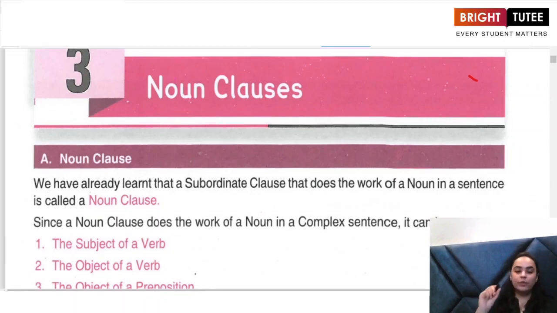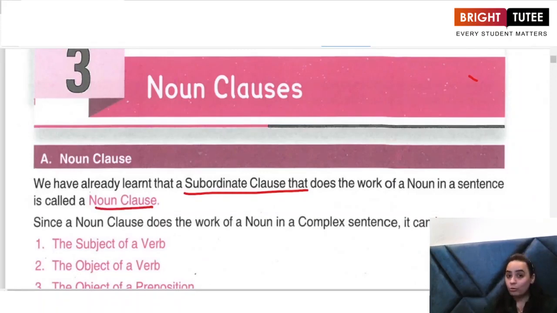Now we know what a clause is first of all. A clause is a group of words which has a subject and a predicate of its own, but it needs to be a part of a sentence to make complete sense, right? So, we've already learned that a subordinate clause that does the work of a noun in a sentence is called a noun clause.